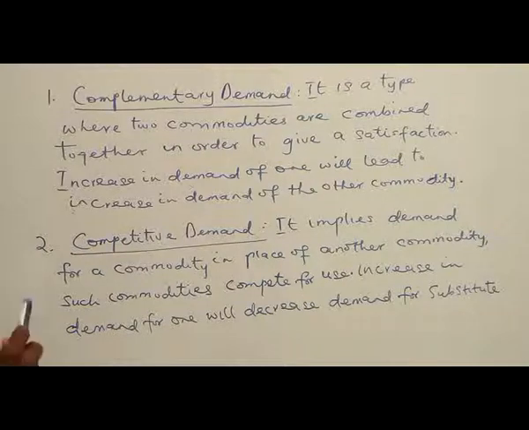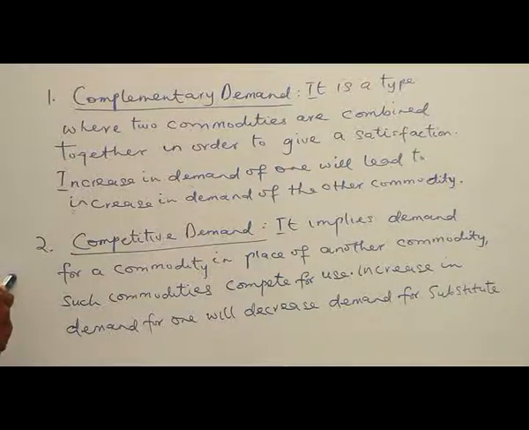Or a situation where we have 40-leaf exercise book and 60-leaf exercise book. If the demand for 40-leaf exercise book increases, then there will be a decrease in the demand for 60-leaf in the market, because the two goods are competing for use.